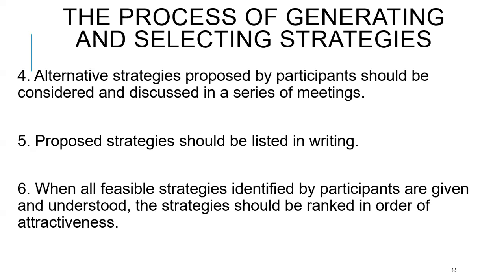So the bottom line here, as far as the fourth point is concerned, is that it is important to welcome varied opinions from the stakeholders that are going to help in generating the strategies as much as possible. Of course, it should be manageable.